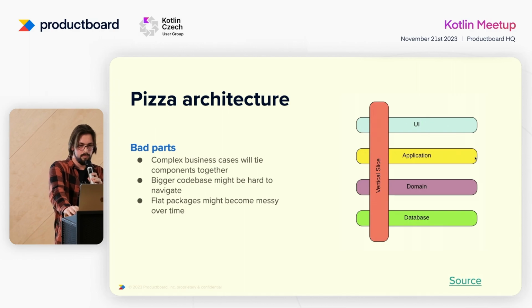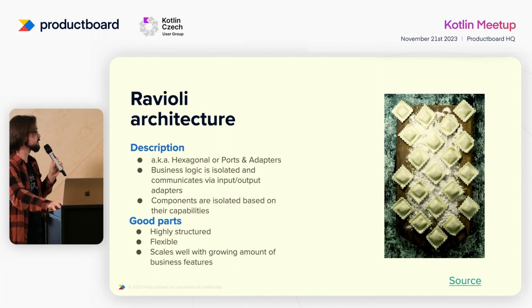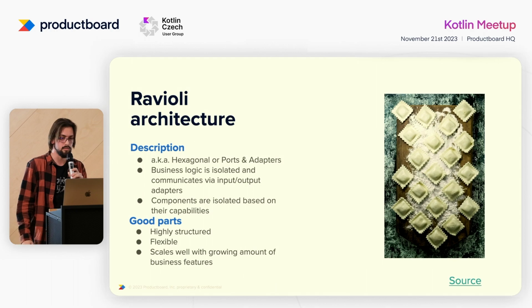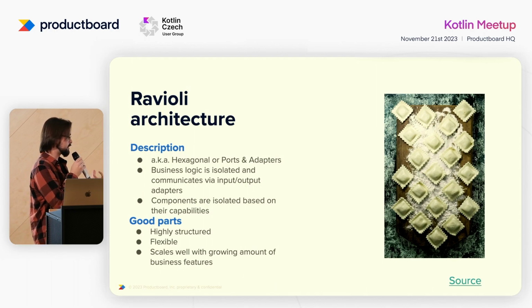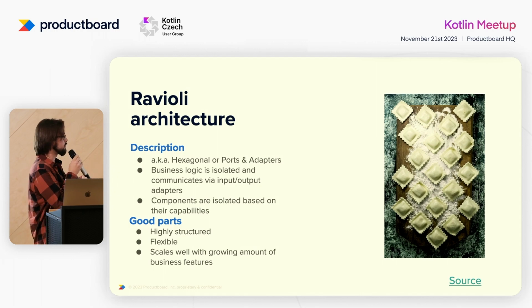So let's move to the next one, ravioli architecture, also known as hexagonal architecture or ports and adapters. This one is really hard to summarize in a couple of sentences, and on the next slide we'll have a diagram. It's going to be much easier to understand. But the main idea is to isolate business logic and create separate packages for input and output of data that will depend on the core of business logic.